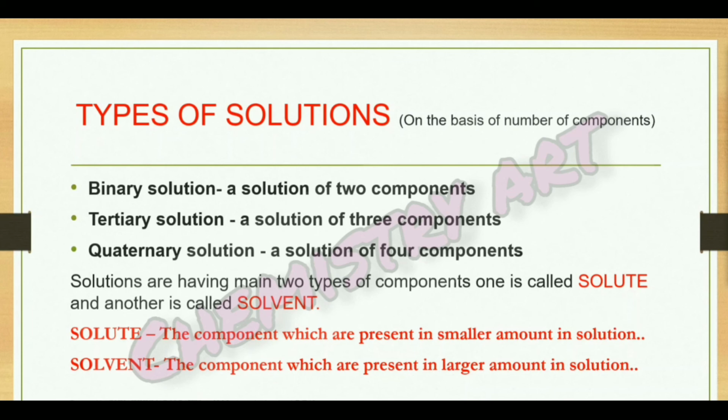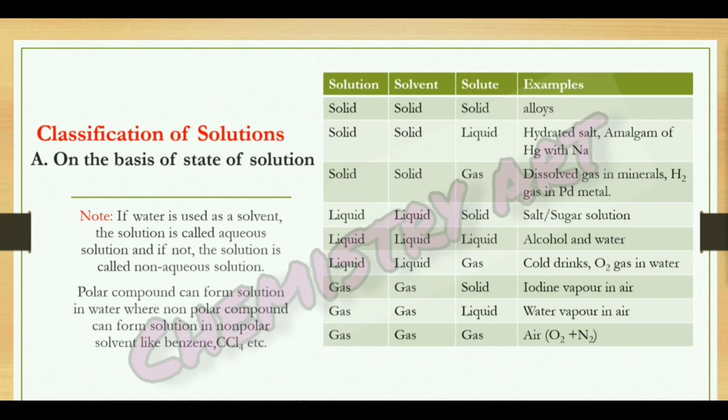And the definitions of the solute and the solvent. Next, we have discussed the types of solution, the first type being on the basis of the state of the solution. A solution can be solid, liquid or gas.